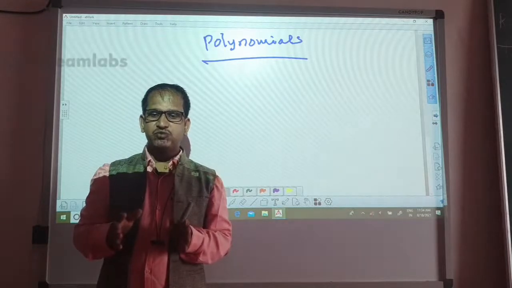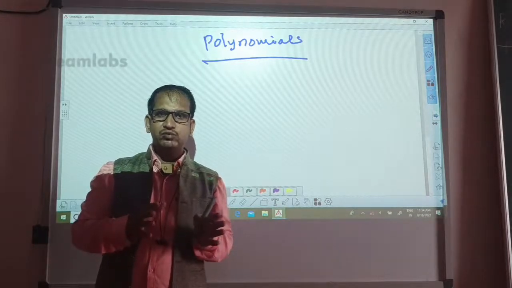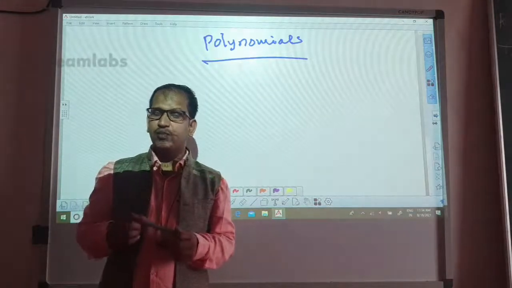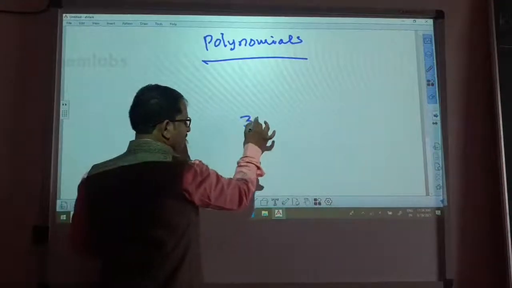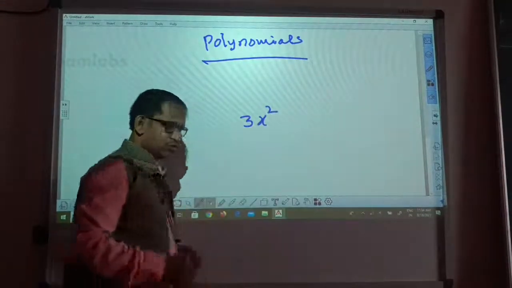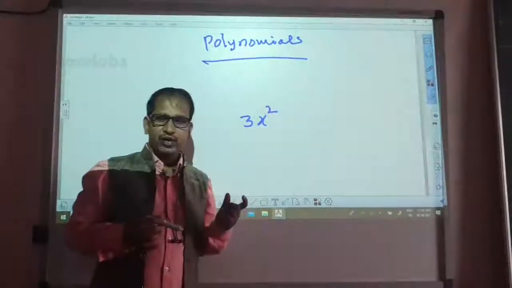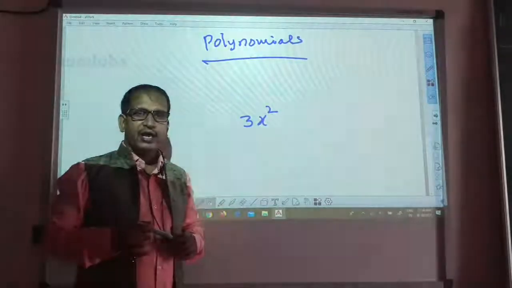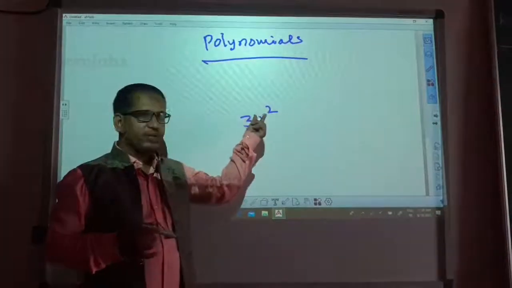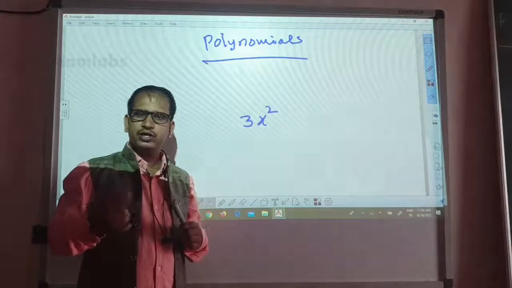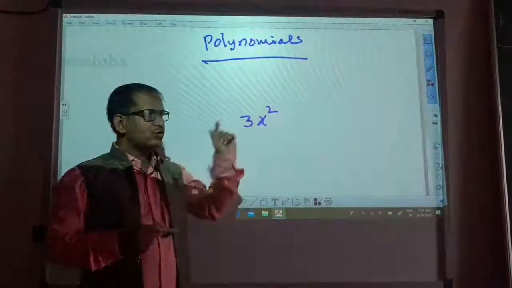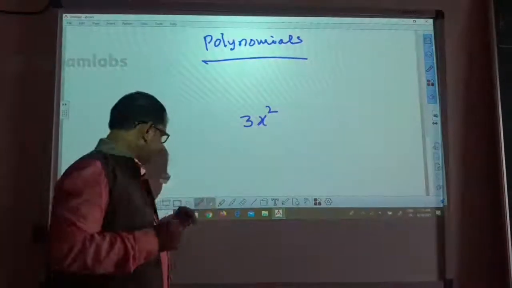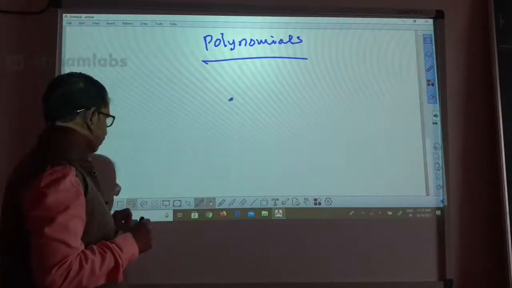The algebraic expression which has three terms is called a trinomial. And a polynomial is an algebraic expression which has positive exponents, that means the power should be positive. It may be 1, 2, 3, 4, anything, but it should have a positive power. We already learned all these things.